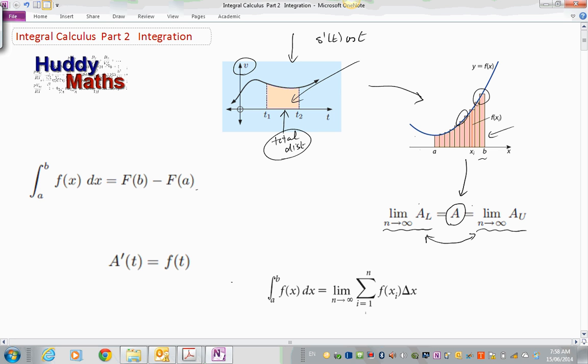In other words, the upper and lower areas have the same limit. So that meant the actual area we want would be jammed between these. If only we could find what that limit was.